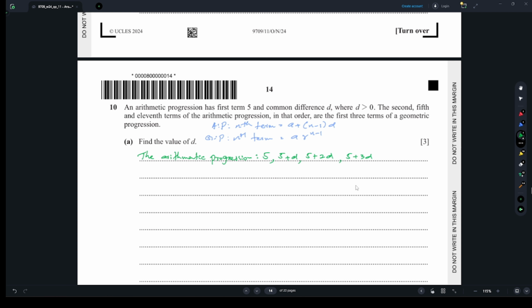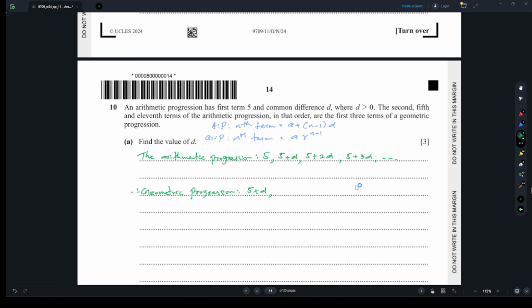And then therefore the geometric progression. They say the first three terms are the second, fifth, and 11th terms. So the second term is the first one, so it is 5 plus d.